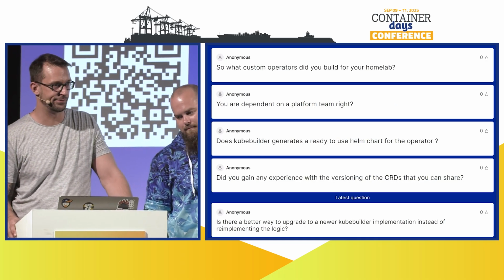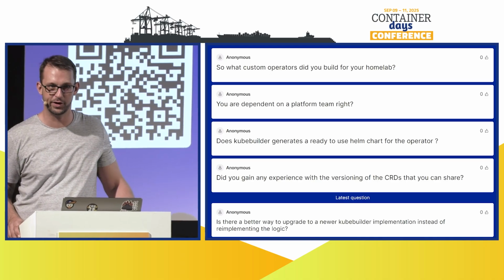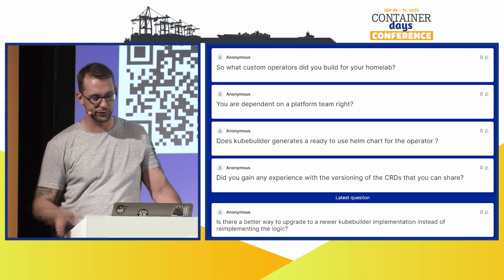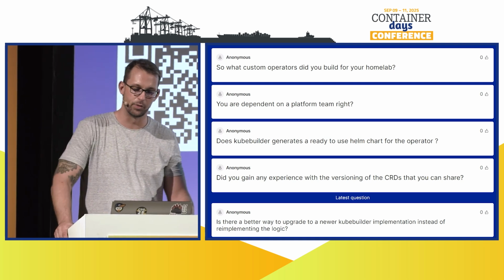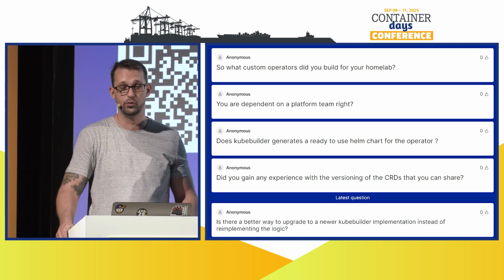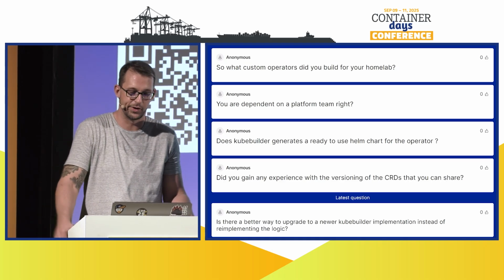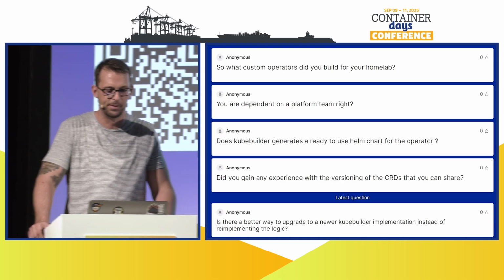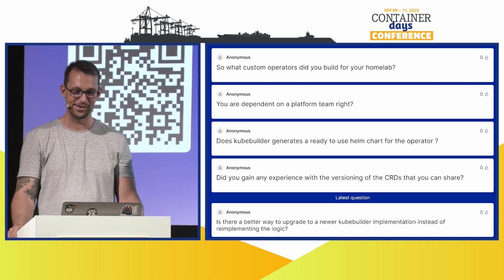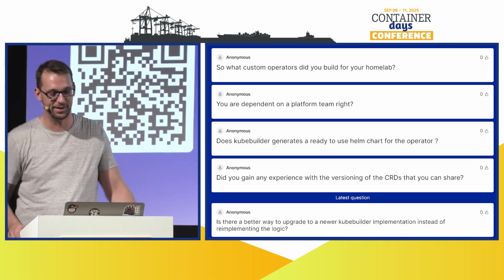I think Helm, since version 3, supports the CRD folder, and whatever CRDs you put in there is deployed to the cluster. So it's no problem to build your own Helm chart from that. You get mainly all the resources you need from Kubebuilder. I think the only thing missing is the deployment for your operator itself. But that shouldn't be the problem.